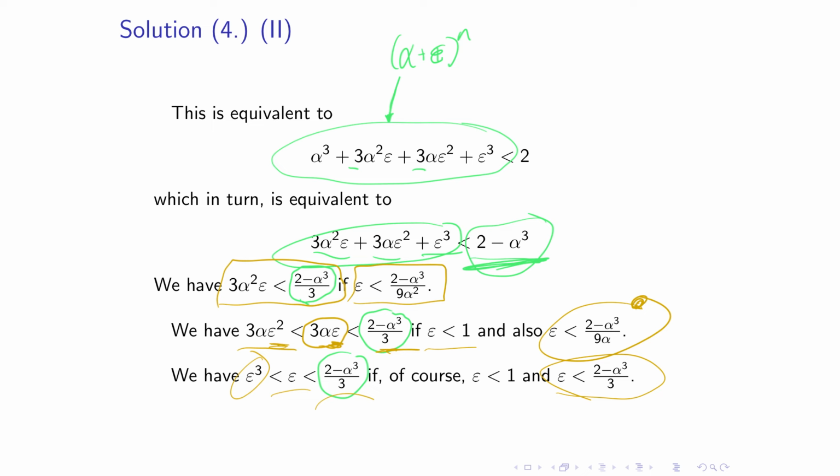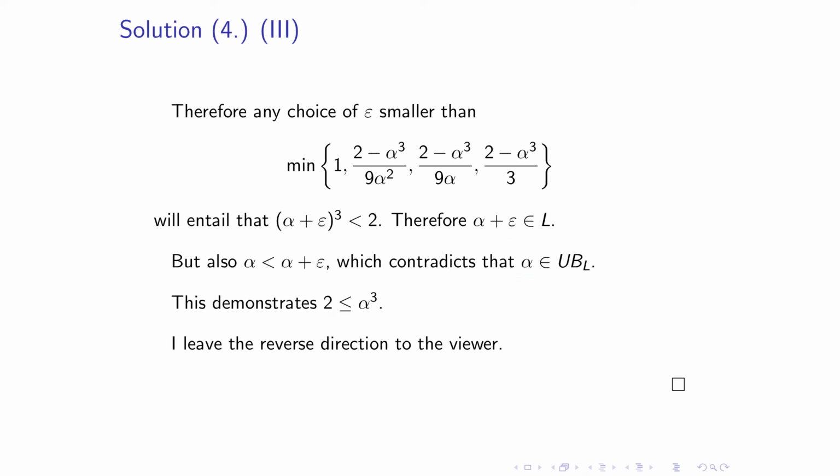Now that we have three conditions to satisfy, or four depending on how you like to count, we will set epsilon to be any number smaller than the minimum taken over these three target quantities, and also with a 1 there, so that whatever epsilon is chosen, it will always be less than 1, and therefore the rest of the logic that we used here will be valid.